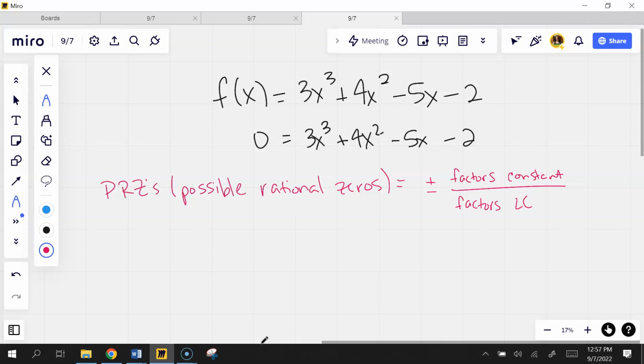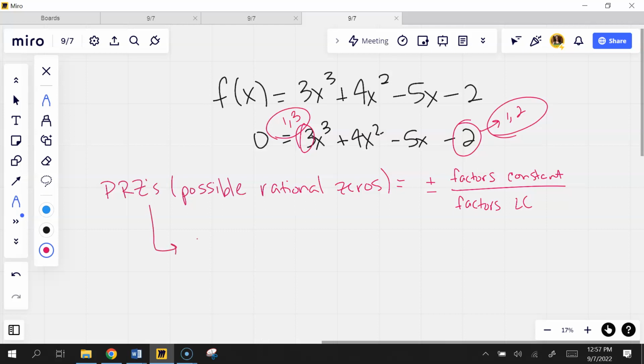Well, in the case of this one, what's the constant? And so what are the factors of 2? What's the leading coefficient? What are the factors of 3? So I need every possible combination of these numbers divided by these numbers.